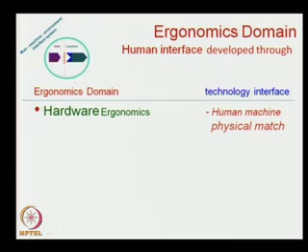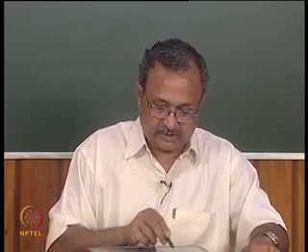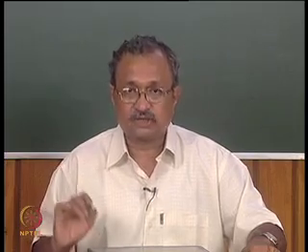Here human machine physical match is normally studied. Next, environmental ergonomics. Here the human environment relationship is checked, that is environment means space, heat, humidity, ventilation, illumination, vibration, noise, etc., and their effect on productivity and working.